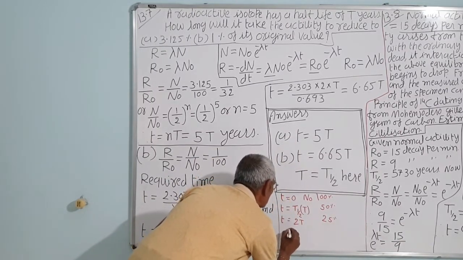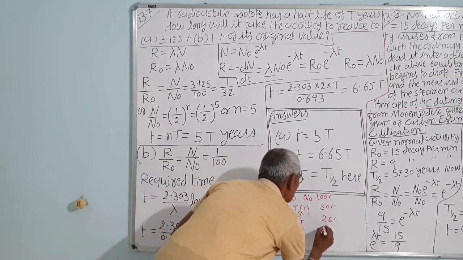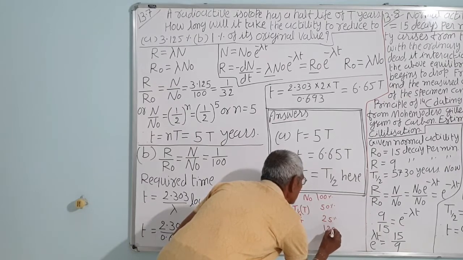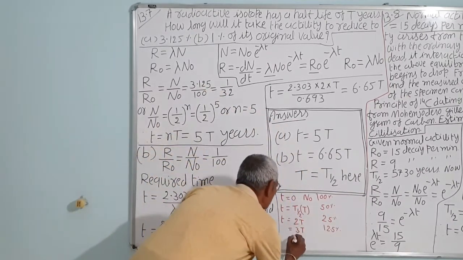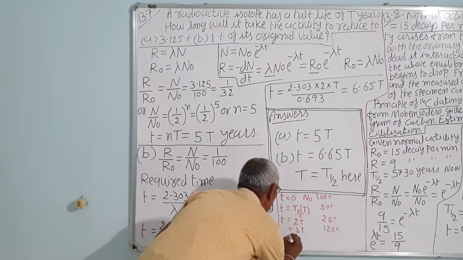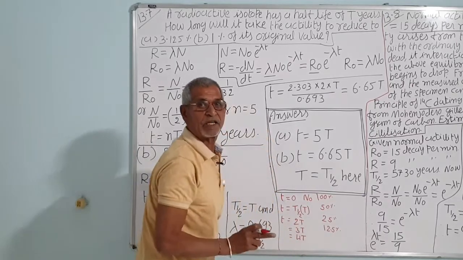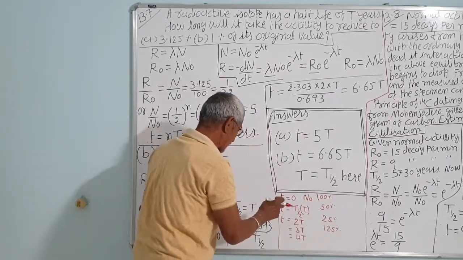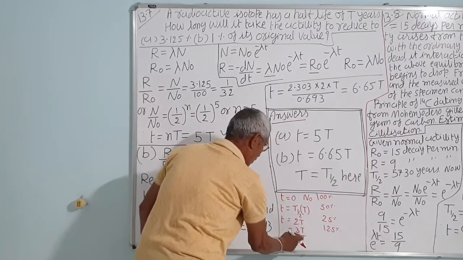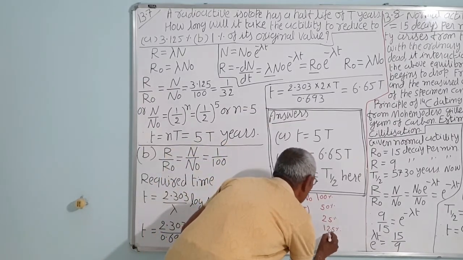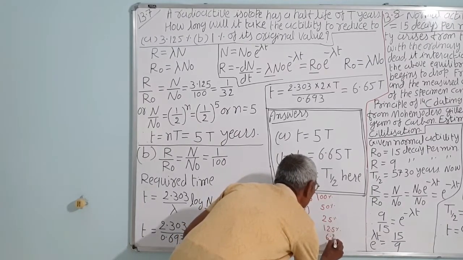Then at t equal to 3T, it will be 12.5%. 4T similarly, this is T half, that is 2 half periods, 3 half periods, 4 half time periods and so on, half of this is 6.25%.